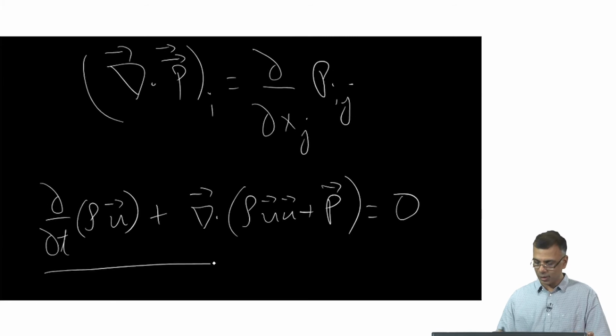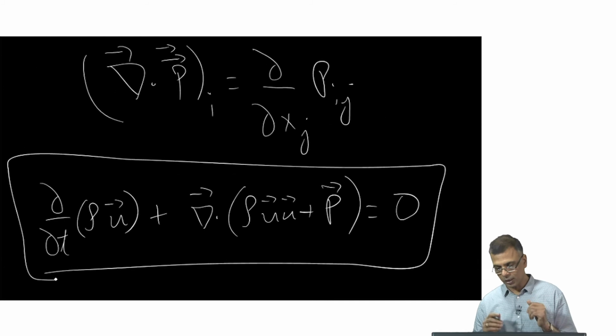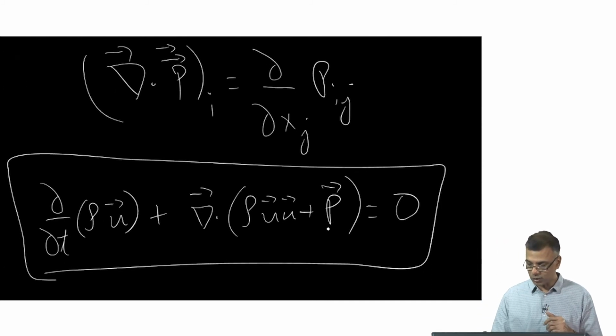This really is a conservative form of the momentum equation with surface forces represented by the divergence of the pressure tensor, with surface forces included.